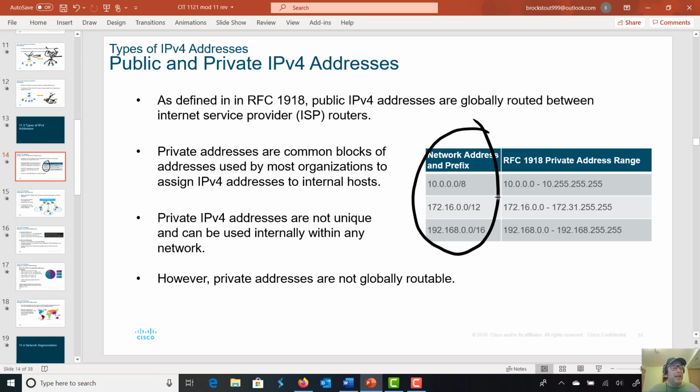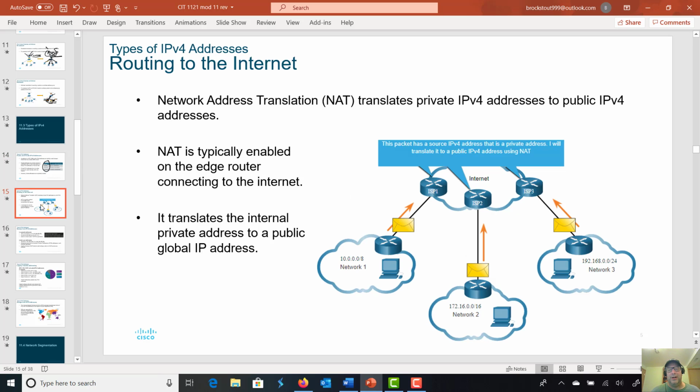Now, here's the thing. If something has a private address, it is not directly connected to the internet. And we're going to spend more time on this later, but a technology known as network address translation is used to translate out your requests for the internet, and it will send information to the internet for you and then translate it back for you also. So you start with an address that is a private address, like a 10 address.